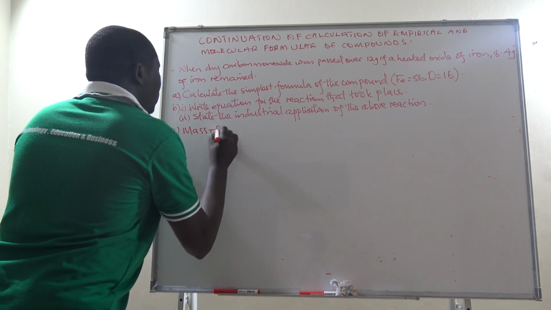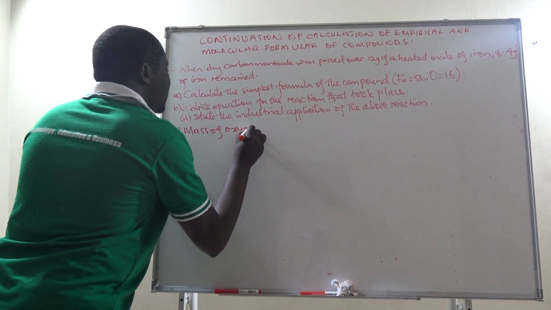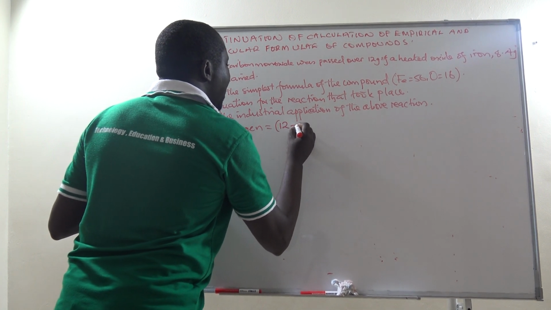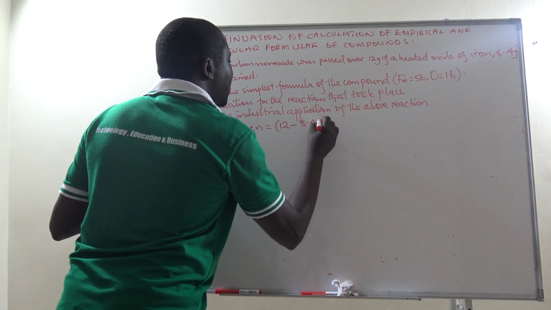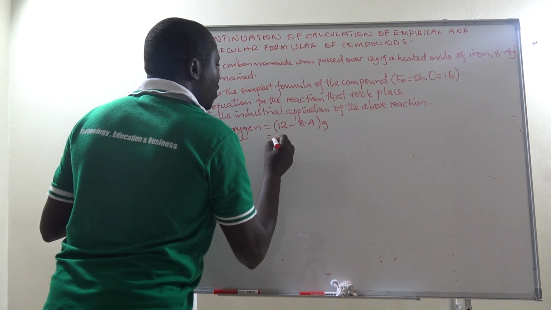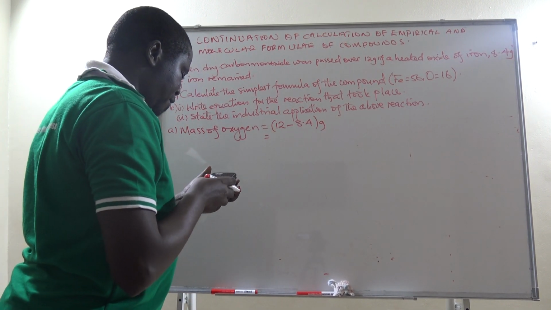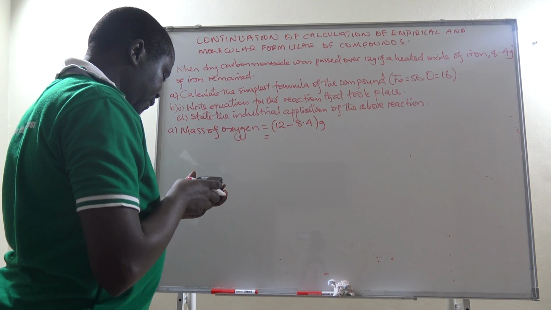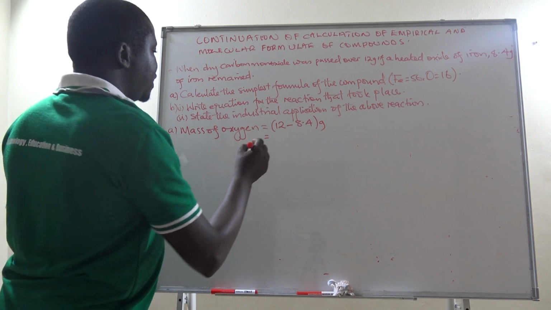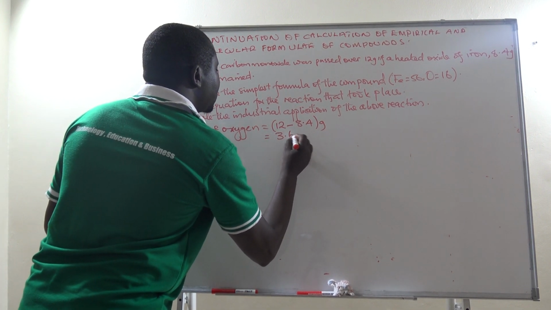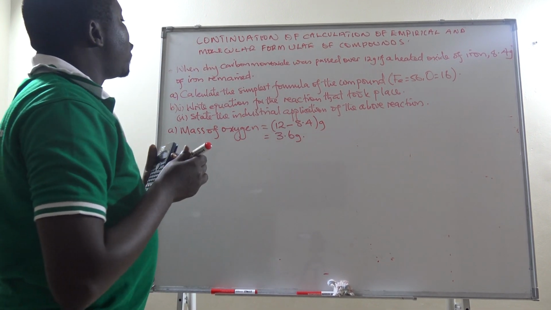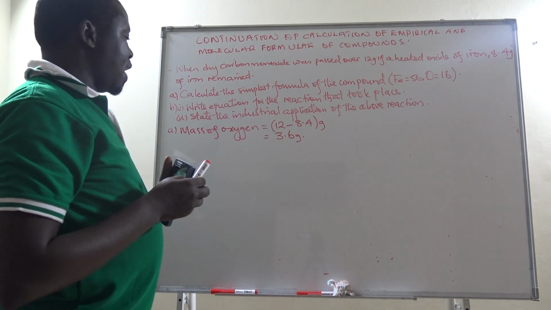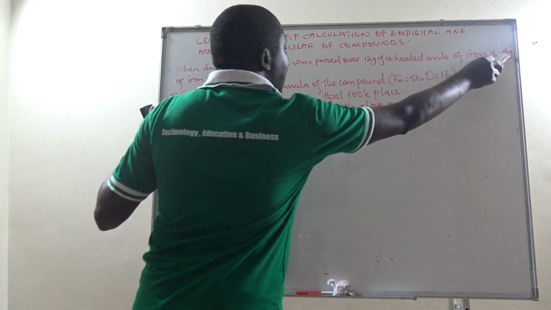The mass of oxygen is equal to 12 grams minus the 8.4 grams that remained, which is 3.6 grams. This is the mass of oxygen only in this heated oxide of iron, and the 8.4 grams is the mass of iron.